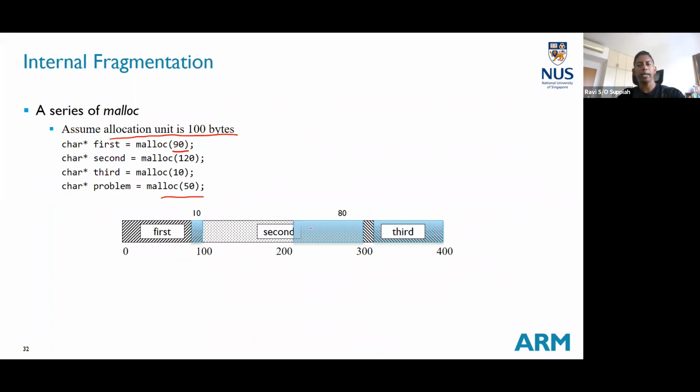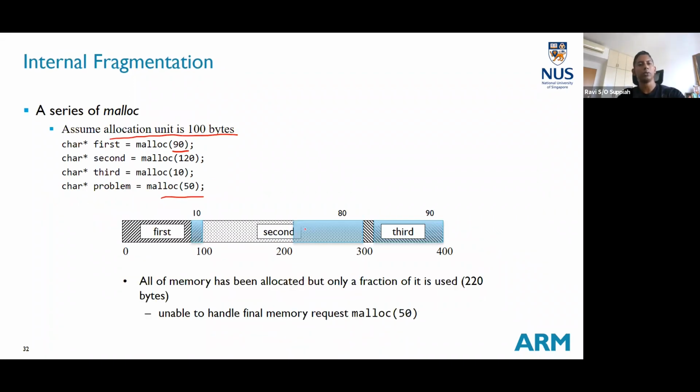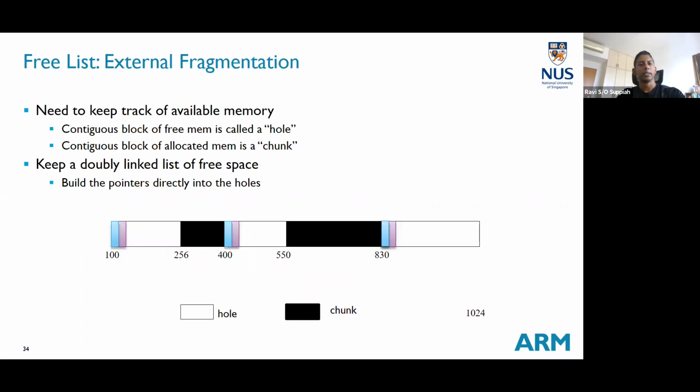Okay, so we are going to be looking at some rules on how this can work. This free list is basically for us to keep track of the available memory. In terms of the available memory, you can say that one is free and one is allocated, which is a hole and a chunk.